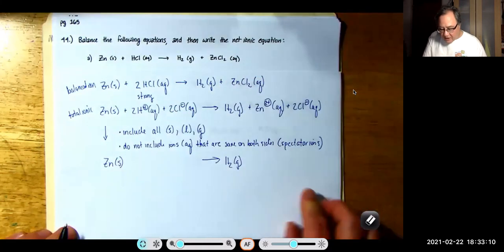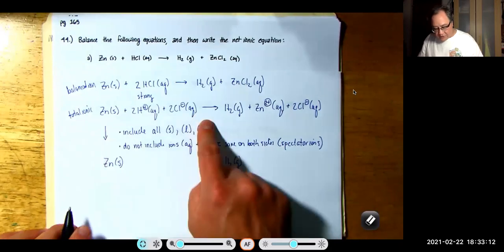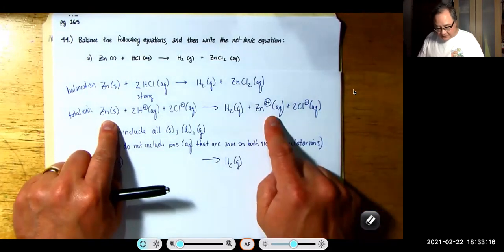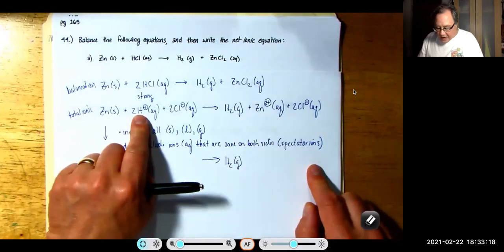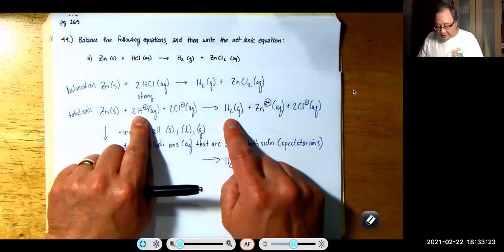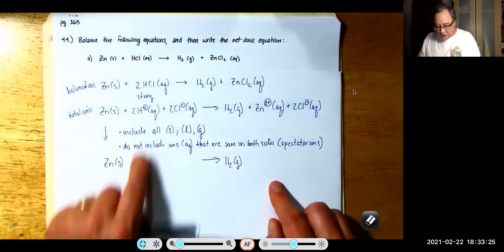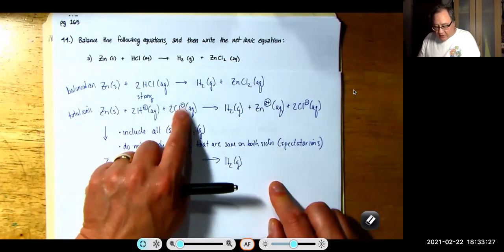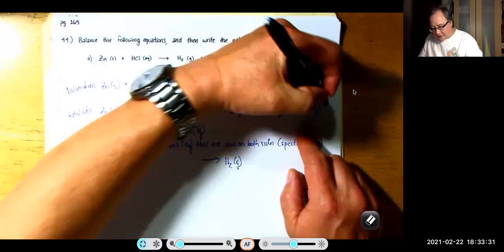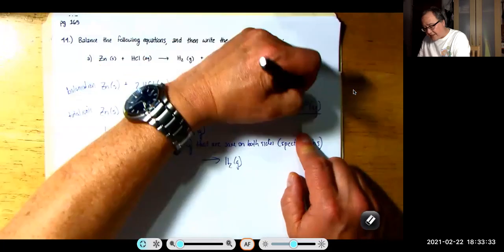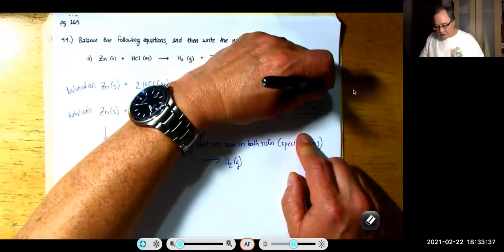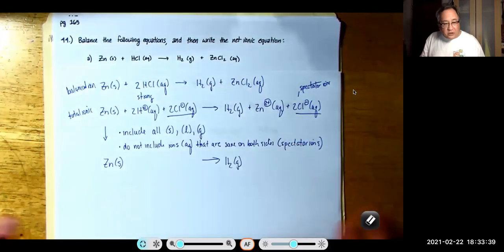So is there anything on the left of the arrow that's identical to the right? Well, zinc solid, zinc aqueous, they're not identical. 2 hydrogen ions, 2 hydrogen atoms, they're not identical. 2 chloride ions that are aqueous and 2 chloride ions that are aqueous, these are identical, and these are spectator ions. So you do not include those.